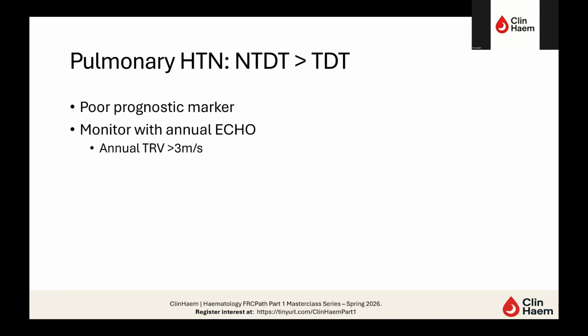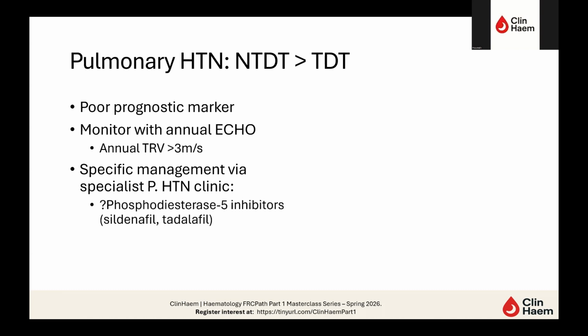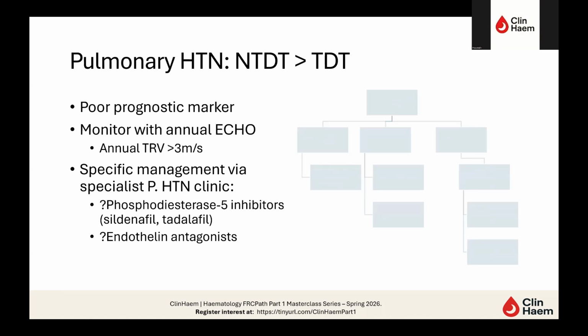The UKTS guidelines suggest if the tricuspid regurgitation velocity is more than 3, then it is considered significant, and the person should be referred for formal investigations like right heart catheterization, etc. And they are sent to the specialist clinic to also consider treatments with these medications.